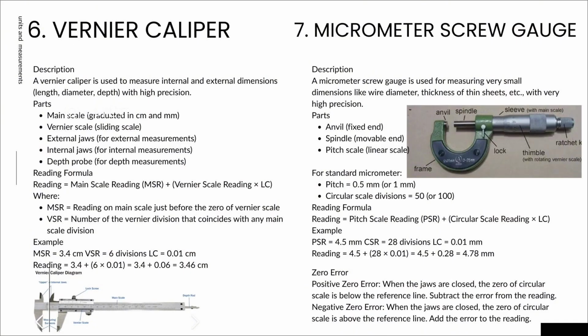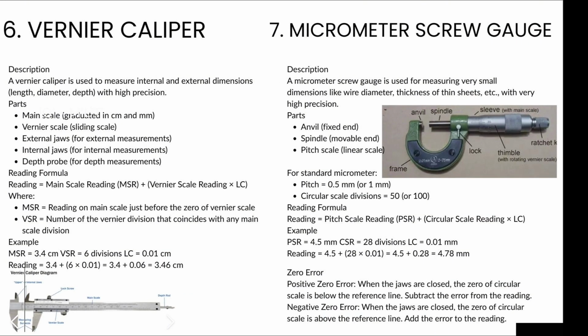The micrometer screw gauge is used for the smallest measurements. It has the anvil, the spindle, and the circular scale. For a standard micrometer, the pitch is 0.5 millimeter or 1 millimeter. The circular scale division is 50 or 100. For your reading, you just take the pitch scale reading plus the circular scale reading times the least count.